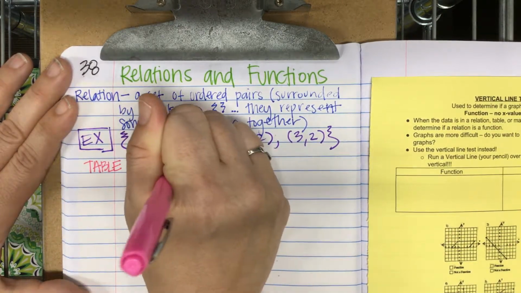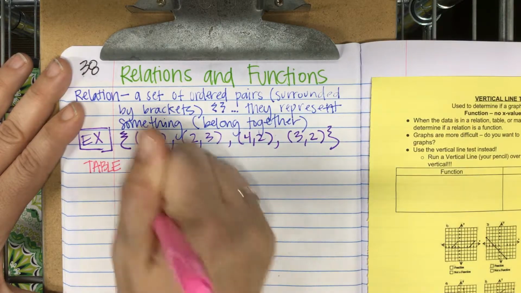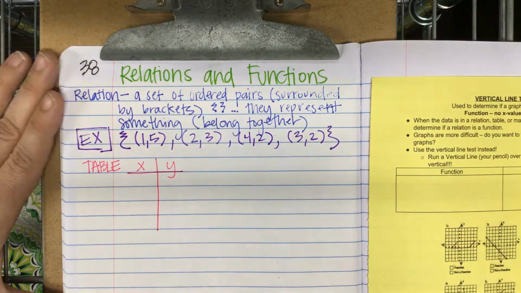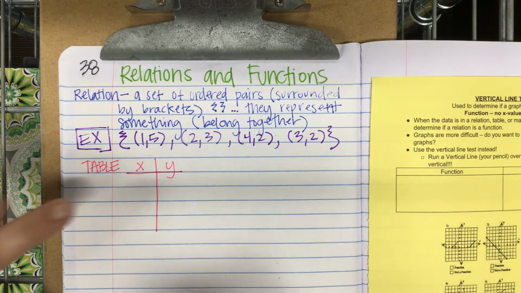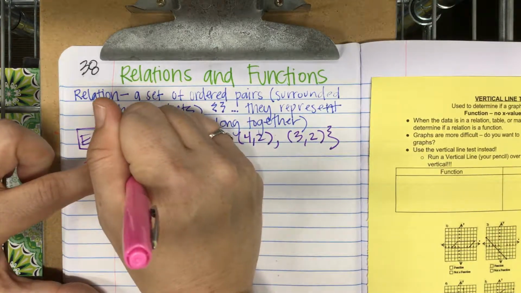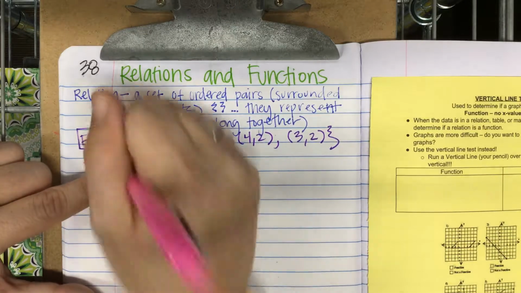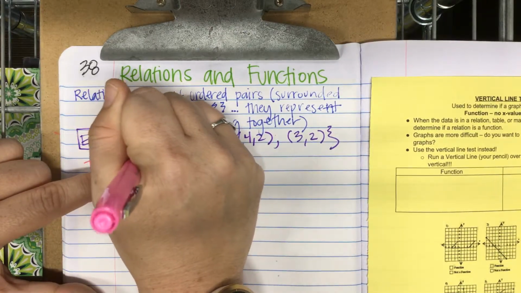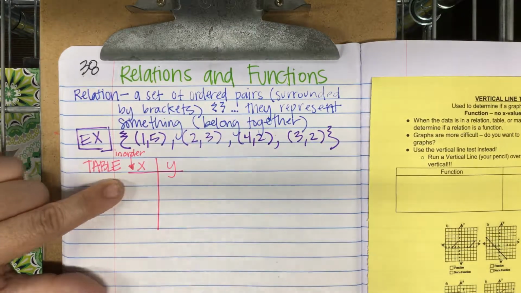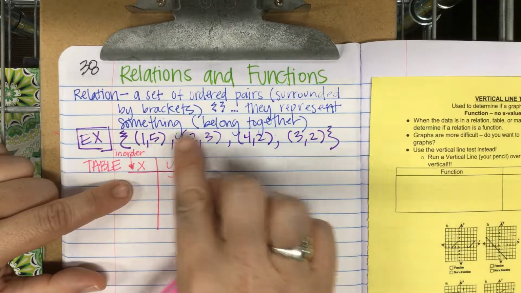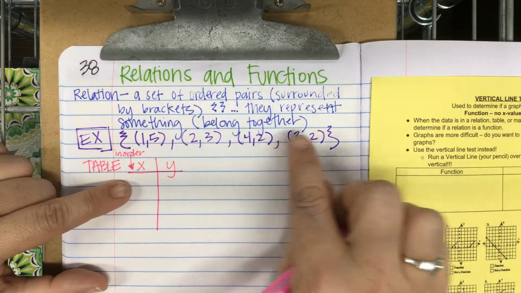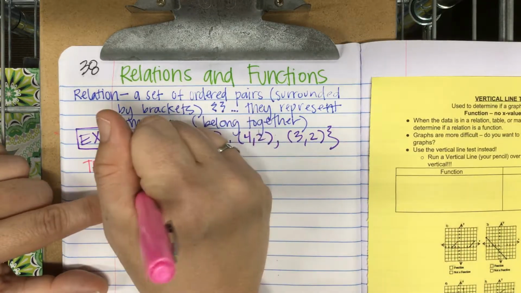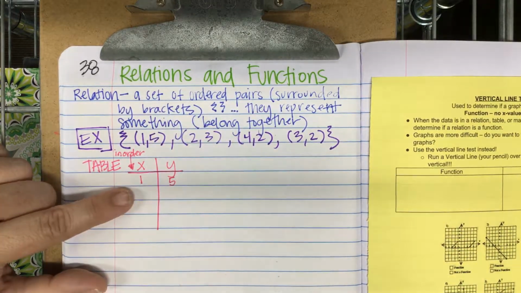where our x value and our y value. Now the trick is the x value needs to be in order. So, looking at these ordered pairs, what's my first x value? 1. 1, 5.